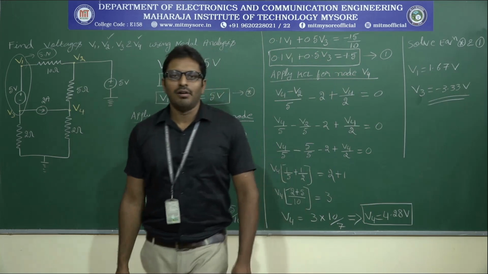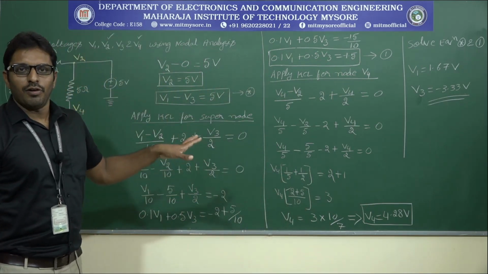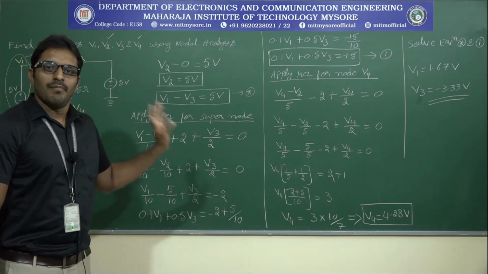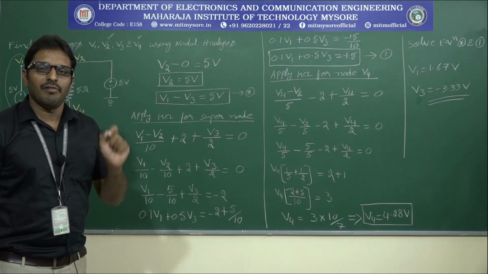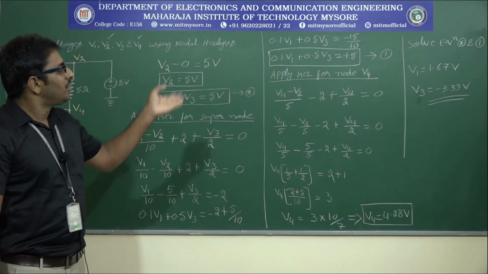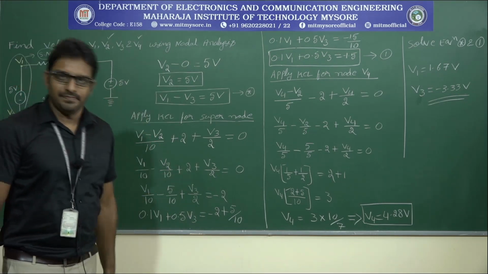So this is the way we can solve V1, V2, V3 and V4 for a given circuit by using nodal analysis. Actually, what particular technique did we apply for this circuit in order to obtain all these values? Supernode analysis. Thank you.